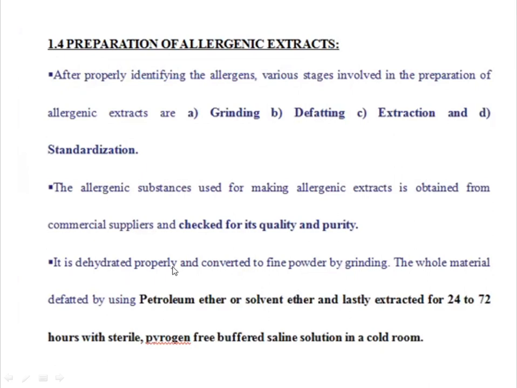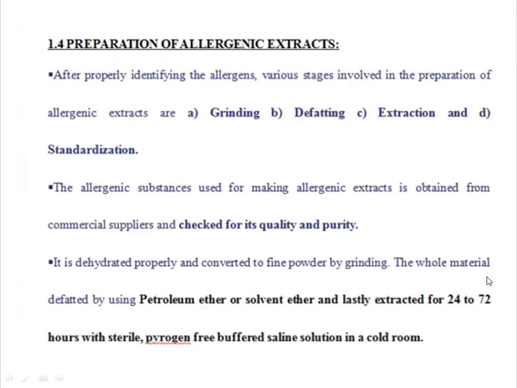It is dehydrated properly, meaning any water or moisture content should be removed first. Then it is converted into a fine powder by the grinding process.